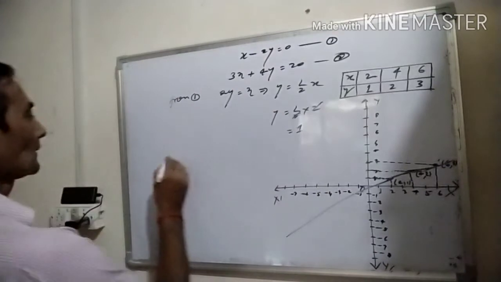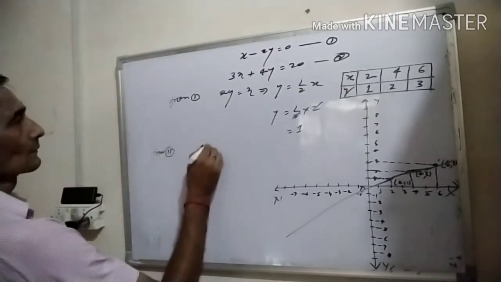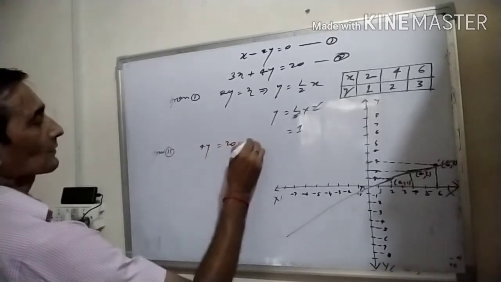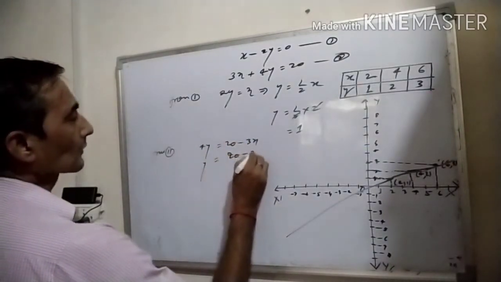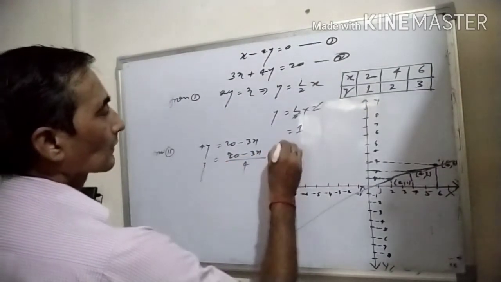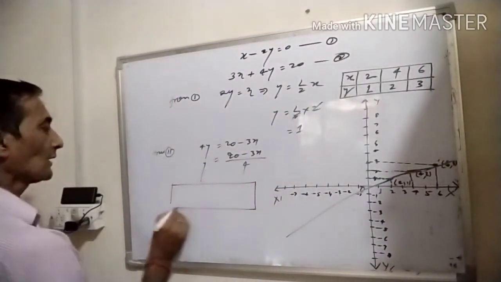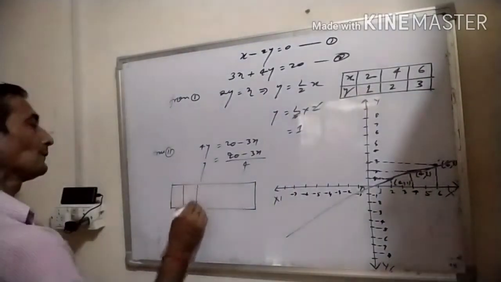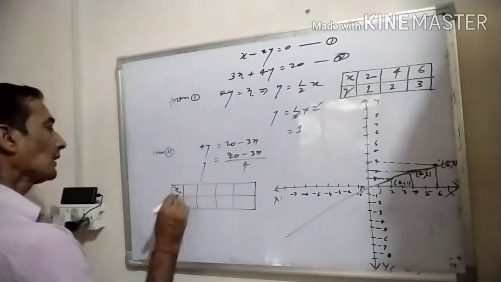Now from the second equation, 4y is equal to 20 minus 3x. Now y is equal to (20 minus 3x) upon 4. A table of data is also generated for equation number 2, with x and y.